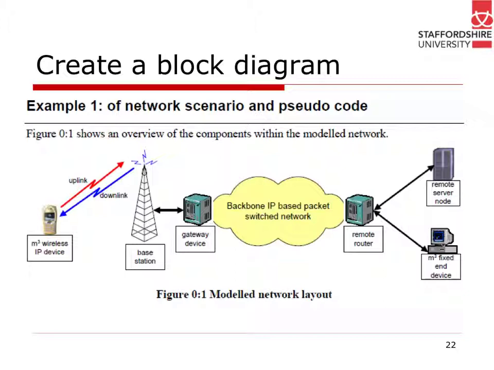So obviously all your figures need to be labelled, and we need to introduce the figure. So figure 0.1 shows an overview of components within the model network. The common mistake is to say the figure below shows this.